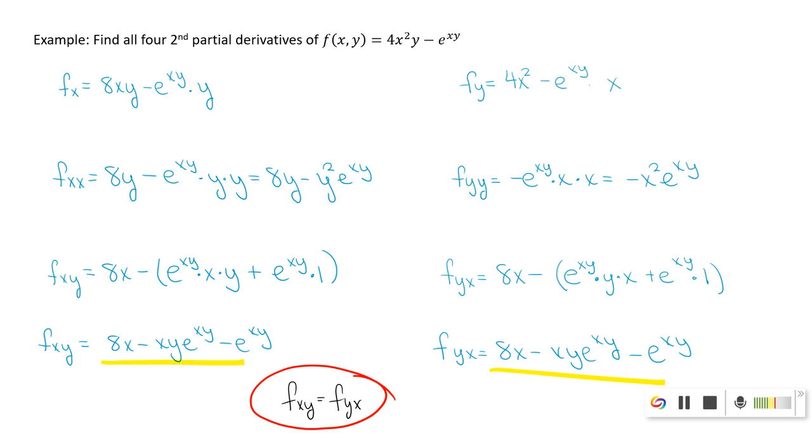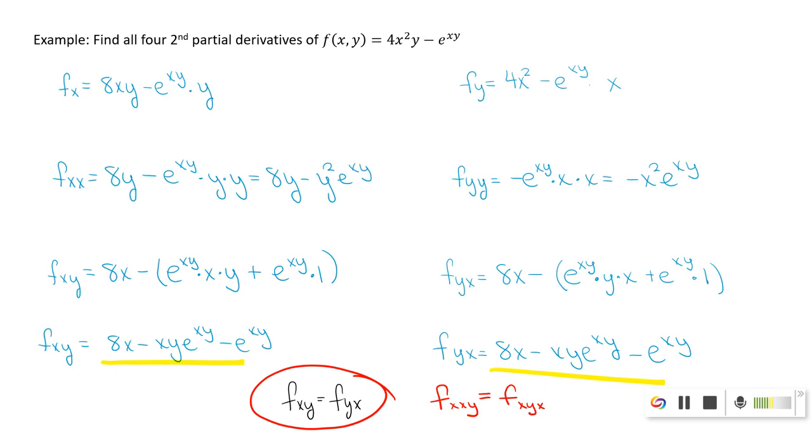And the same is going to be true with even higher order derivatives. So for example, if you compute f sub xxy, so you take the derivative with respect to x twice, and then you take the derivative of that with respect to y, you could do this differentiation in a different order, as long as you have 2 x's and 1 y.